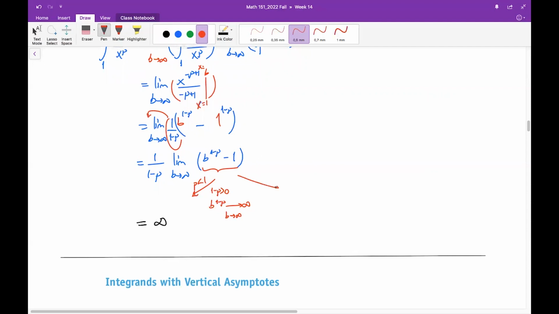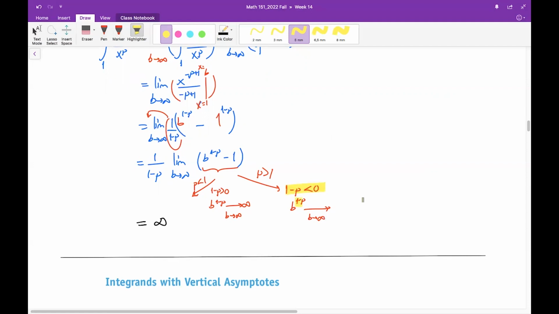Now let's consider the other case where p is greater than 1. Then 1 minus p is less than 0. And then b to the power 1 minus p as b goes to infinity is what? So you have a negative power this time.